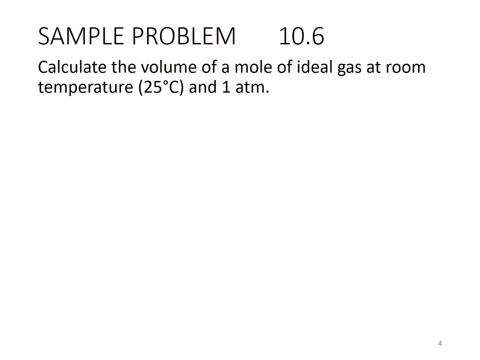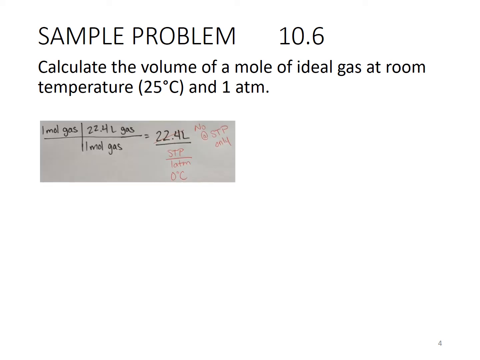So let's try one of those. Calculate the volume of a mole of ideal gas at room temperature, 25 degrees Celsius, and 1 atmosphere. If you tried to just use that ratio, 1 mole of gas equals 22.4 liters, that is not appropriate because we are not at STP.